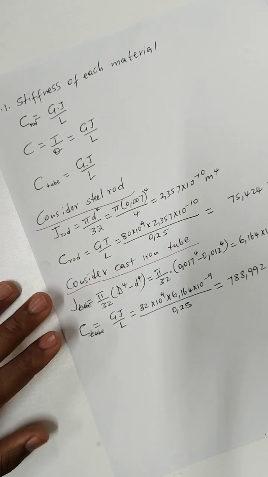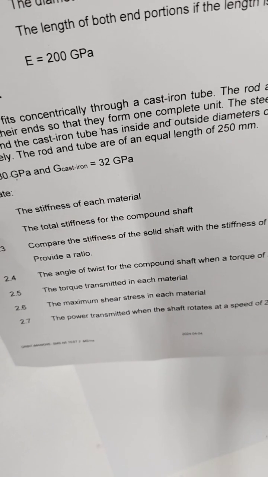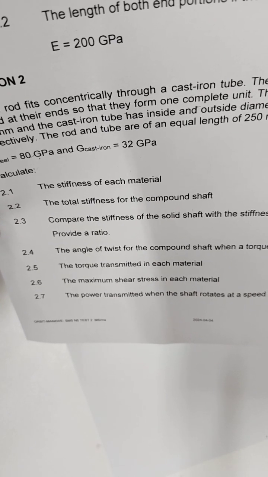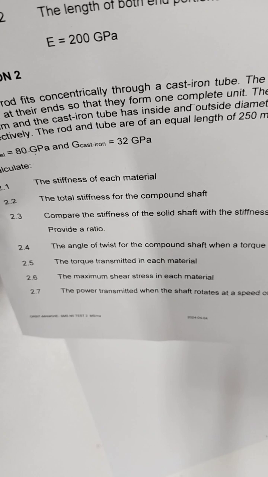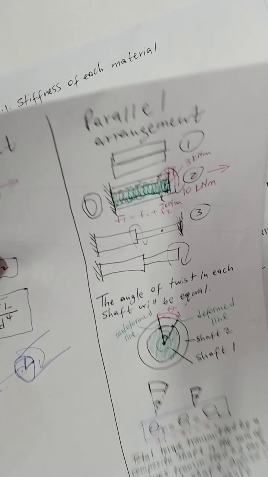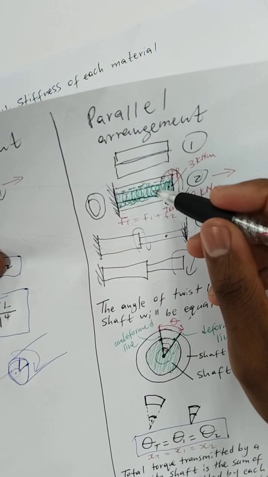Right, I think we are done with question 1, stiffness of each material. Question 2, the total stiffness for each compound shaft. So now we're looking for the stiffness of the compound, of the whole thing. The whole thing we're referring to is this tube together with this solid shaft fitted in it.